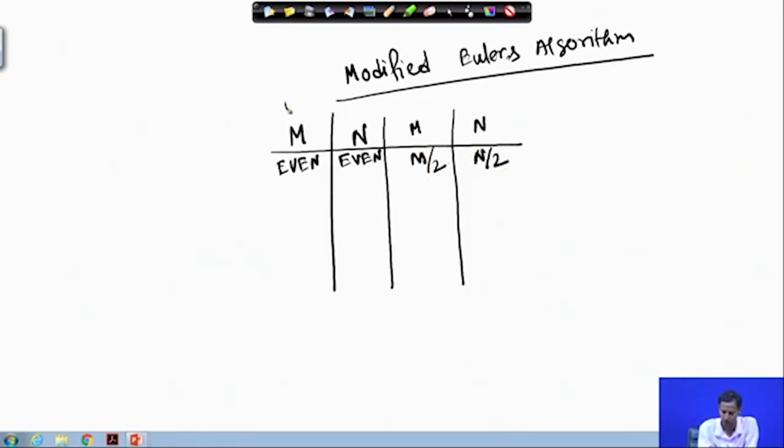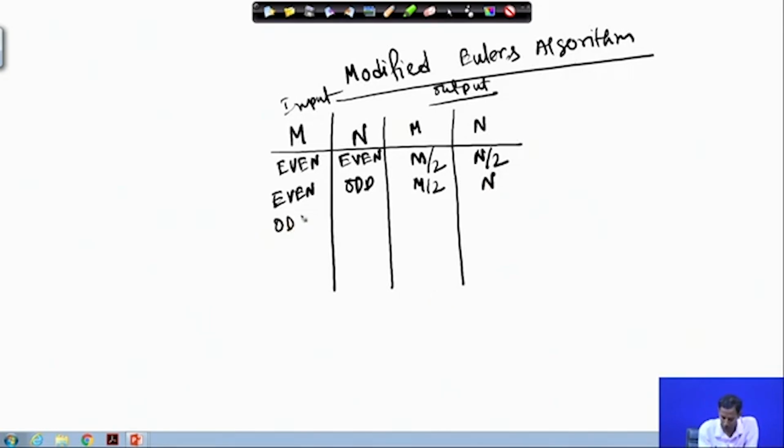This is the input, and this is how, in each stage, the value will change for m and n. If m is even and n is odd, then m will be m by 2 and n will remain unchanged, n will be same as n.